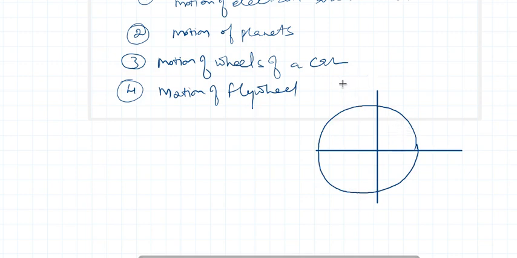Say the particle is supposed to move over the circumference of a circle, and at any time it is making an angle theta with the x-axis, say this is the x-axis and this is the y-axis.